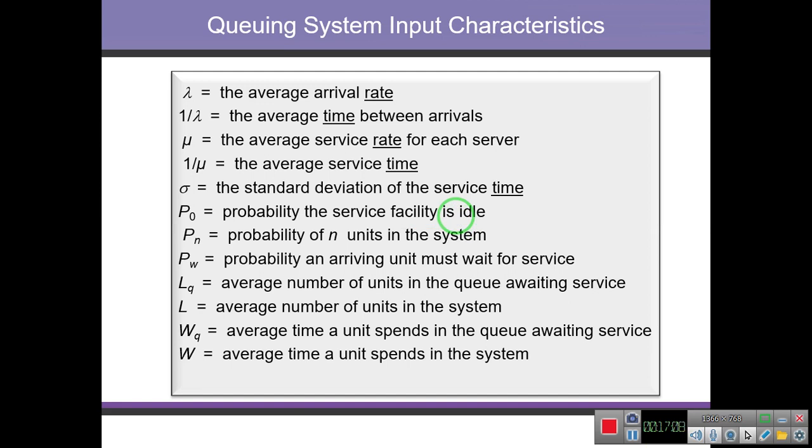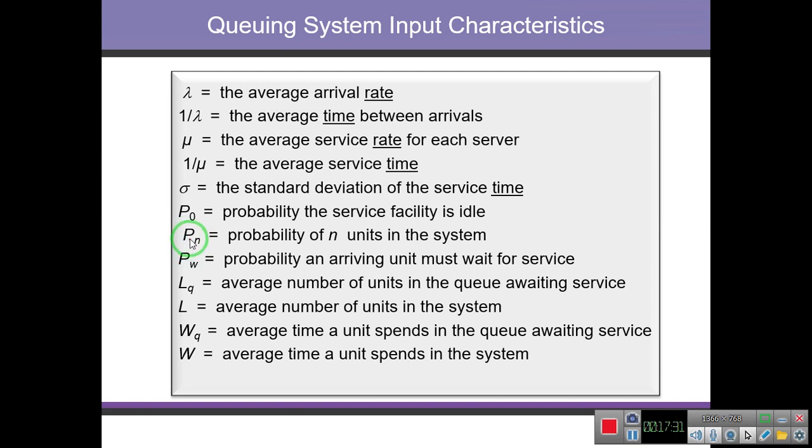Sometimes you're in the supermarket, pushing your cart, and you see a register with no one waiting nor being served. Beautiful, right? Because you go right in, you wait 0 time, and you get served. So that's what we mean by P0.